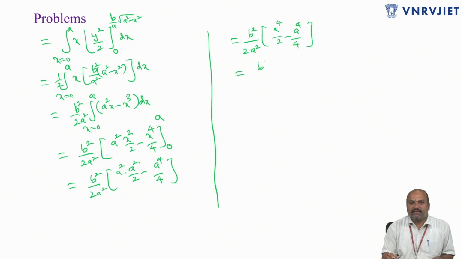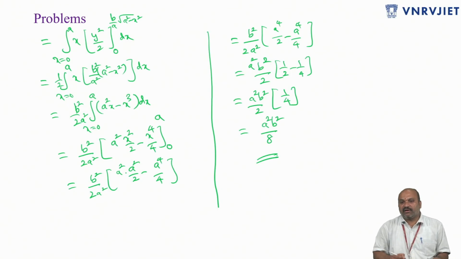Now a power 4 is common and gets cancelled, so it is 1 by 2 minus 1 by 4. This is a square b square divided by 2 into 1 by 4. Therefore, it is a square b square divided by 8.